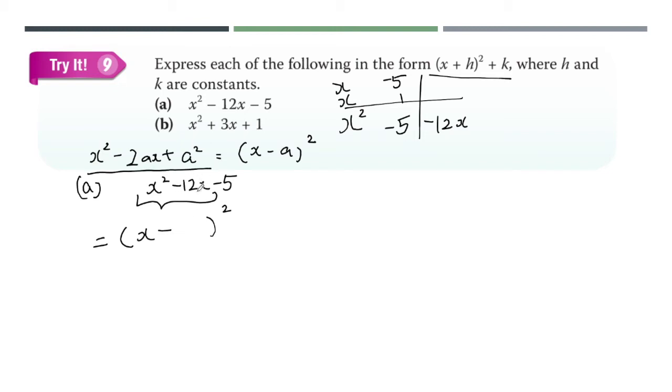So this is always double, right? 2 times this number times x, that's how I get this. So this number, very simply, you just have to half it. So my a is just half of this number, which is 6. Some reverse thinking, take some time to process this. I'll bring down this minus 5.